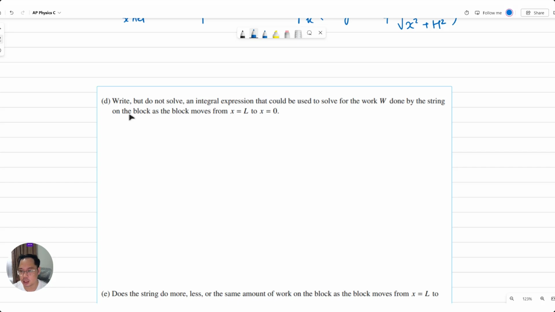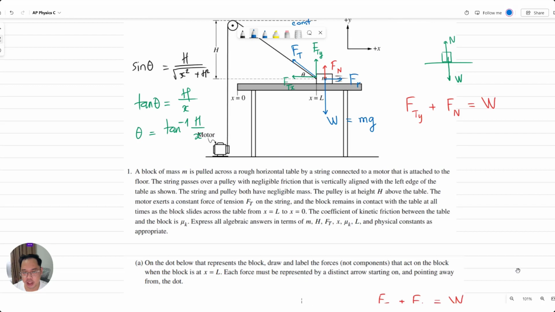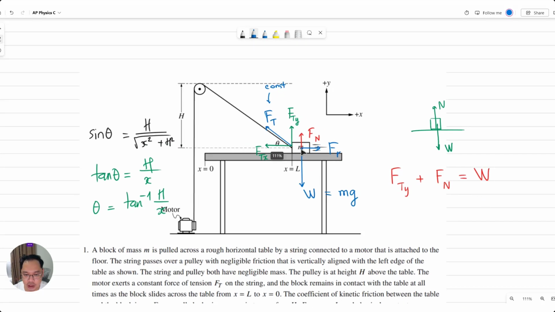The next thing, question D: write down, but do not solve, an integral expression that could be used to solve for the work done by the string on the block as the block moves from x equal L to x equal 0. We can see that when the object slides from the right to the left, the angle that the string makes changes. This angle theta gets bigger and bigger.